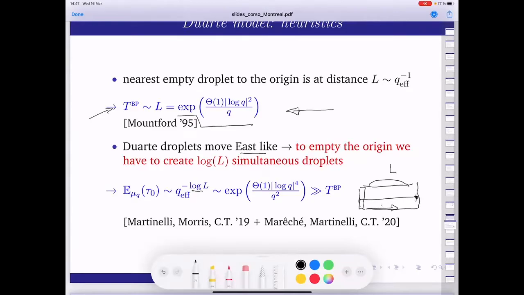So I will have to wait a time which is the inverse of the probability of seeing one empty column according to the product measure, the equilibrium measure, to the power log of this distance, which is again an inverse of this density. Hence that's where the power 2 comes from.